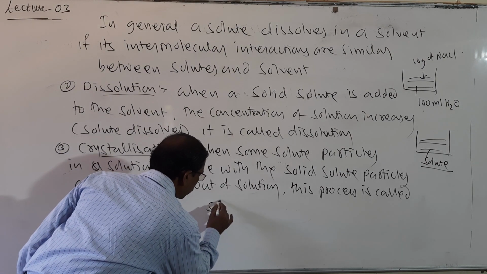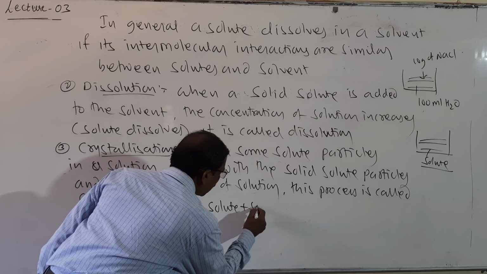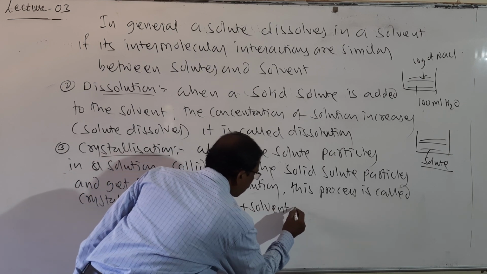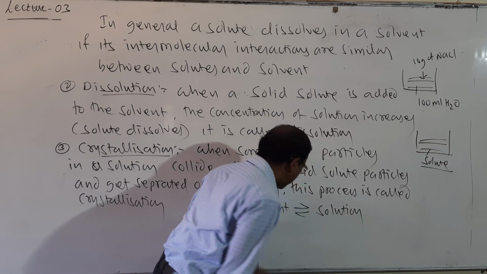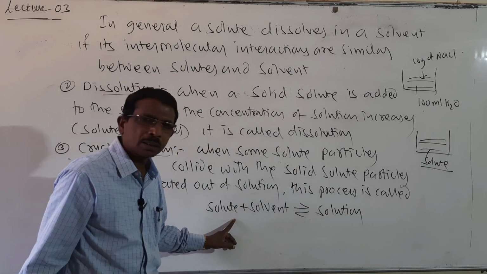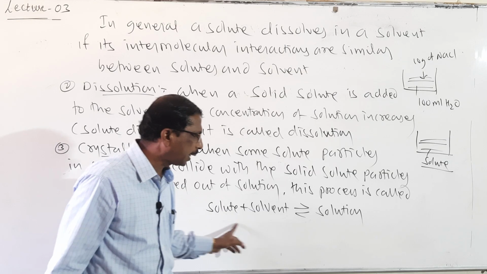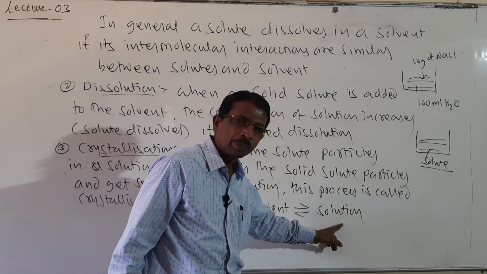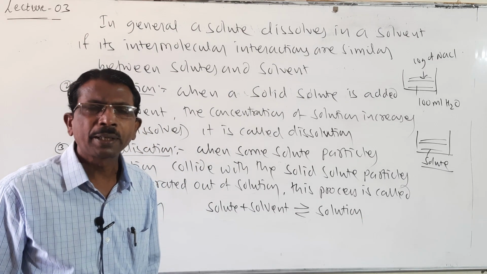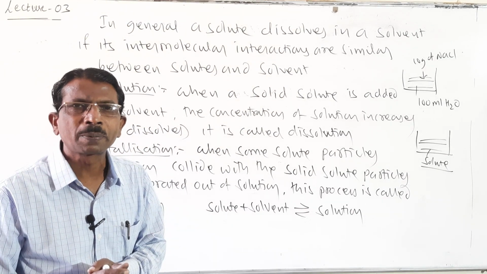Look here, solute plus solvent gives solution, and here the solid solute particles collide with the solute particles present in the solution and then get separated out of the solution and form crystals.